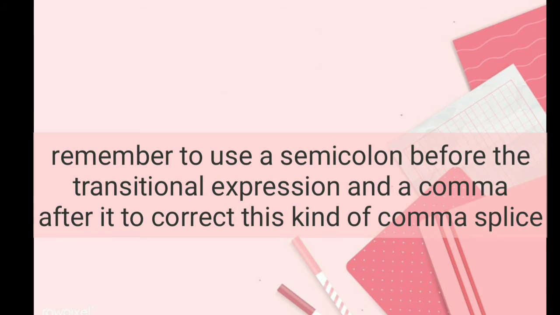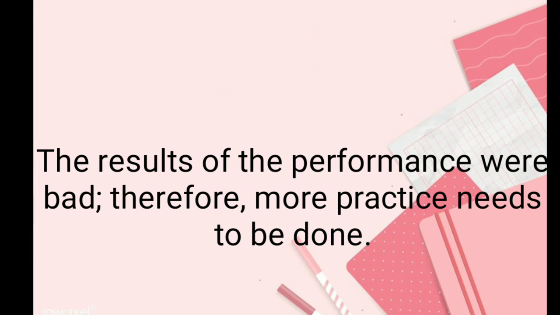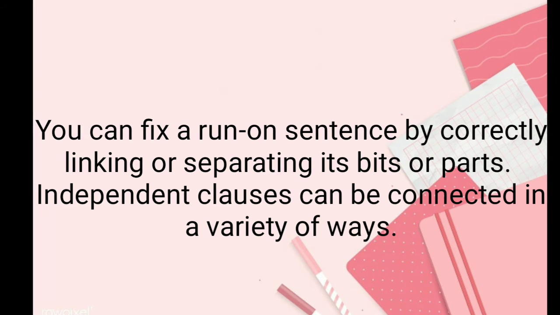Remember to use a semicolon before the transitional expression and a comma after it to correct this kind of comma splice. Now let's take a look at our previous example's revision. The results of the performance were bad; therefore, more practice needs to be done. You can fix a run-on sentence by correctly linking or separating its parts. Independent clauses can be connected in a variety of ways.